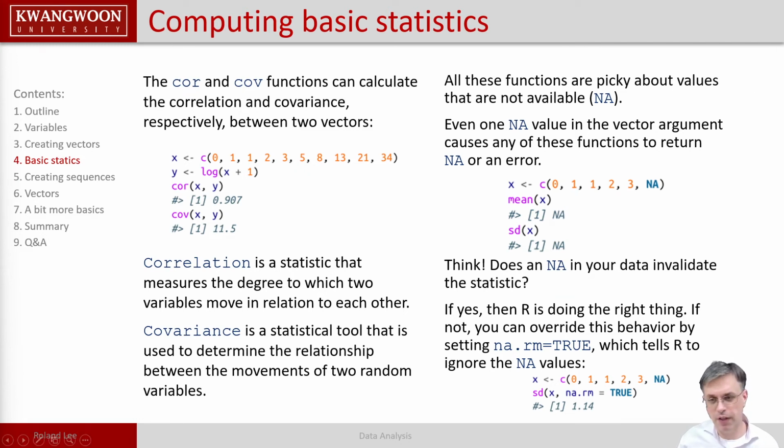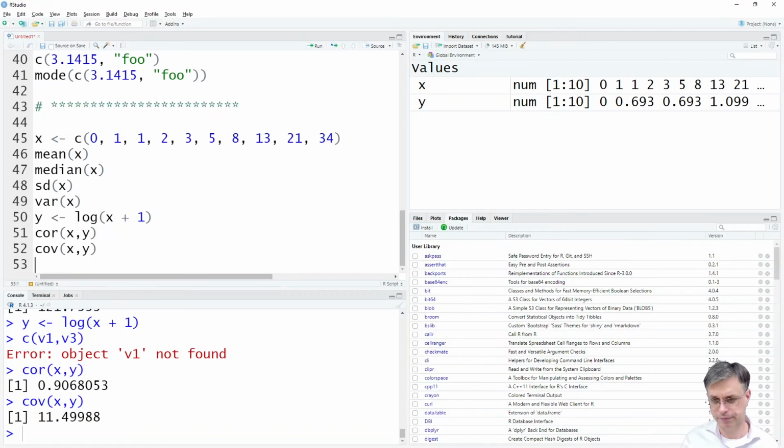All these functions are very picky about missing values. So NA. Even one NA value in the vector argument causes any of these functions to return an NA, or even halt altogether with a cryptic error.